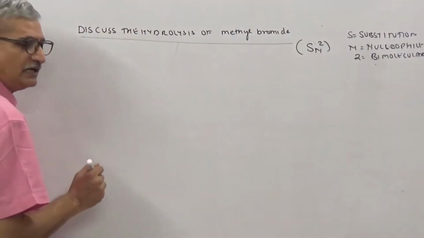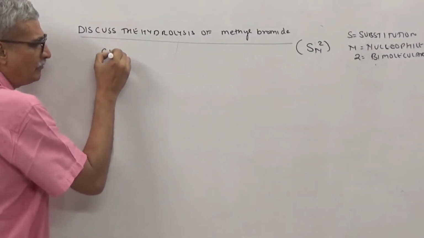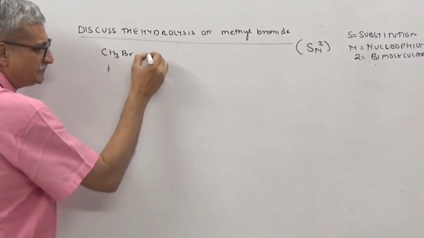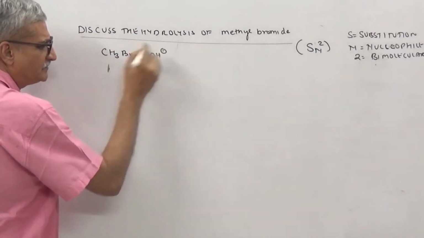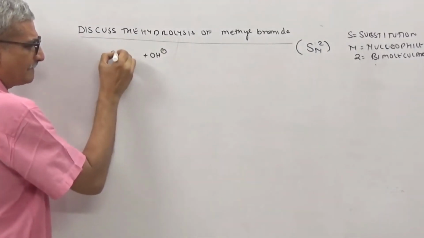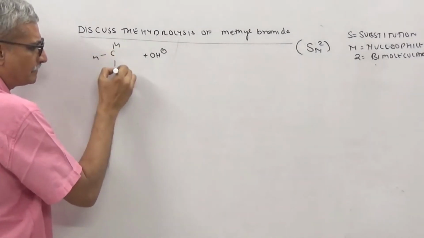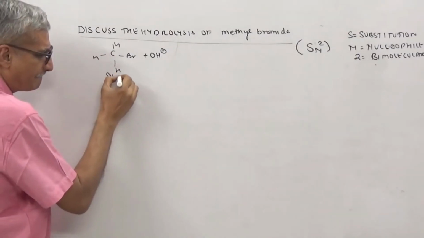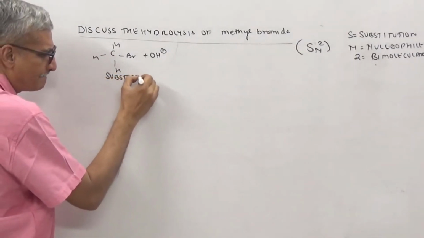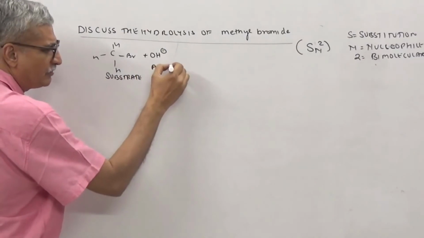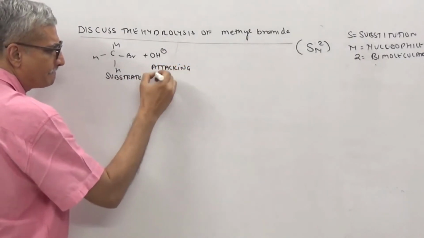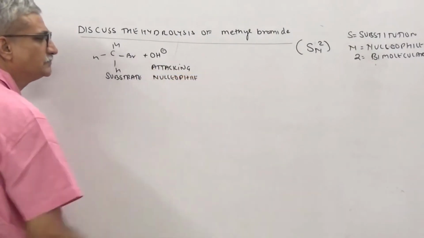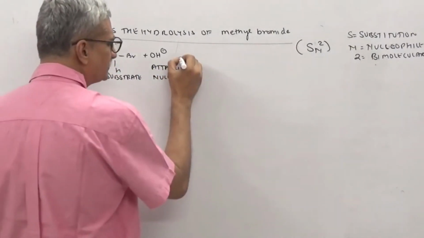So first how will you start? First write the reaction. CH3Br is attacked by OH minus. This is the substrate. This is the attacking nucleophile. So what is going to happen?